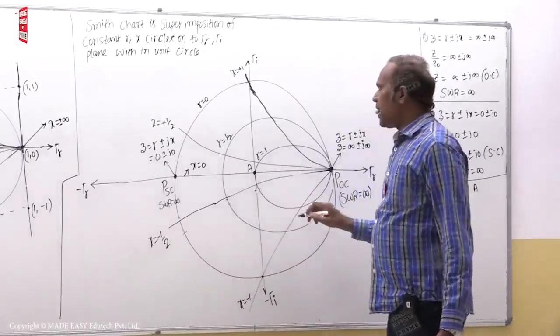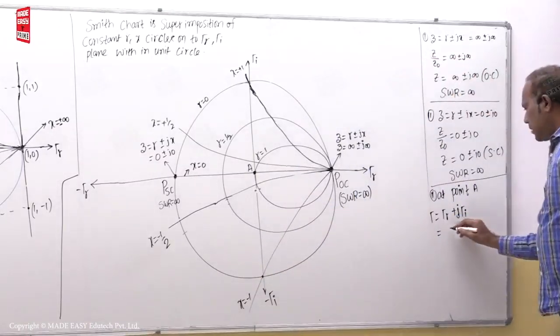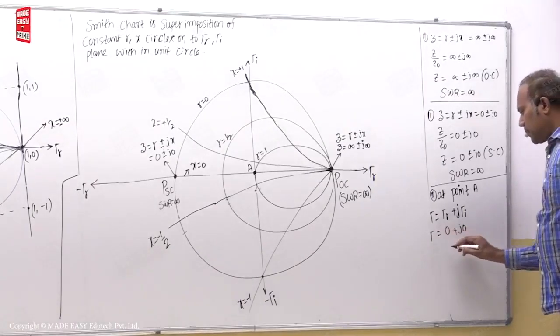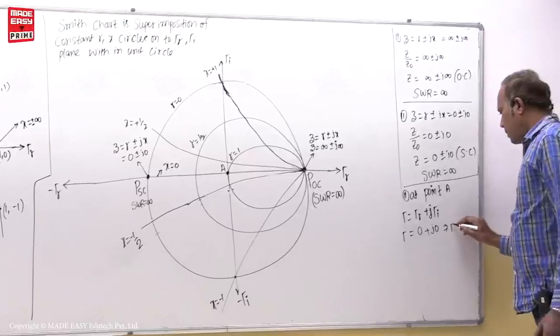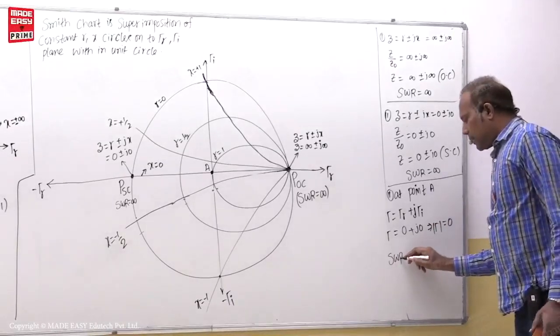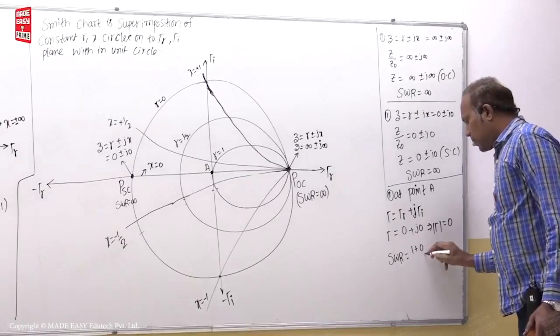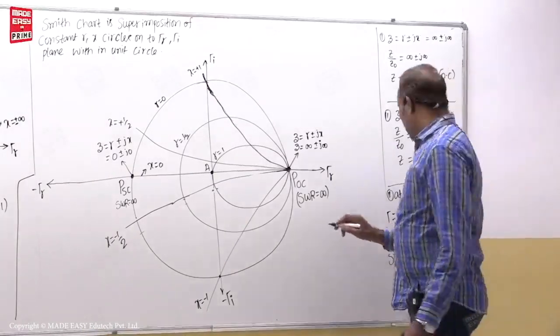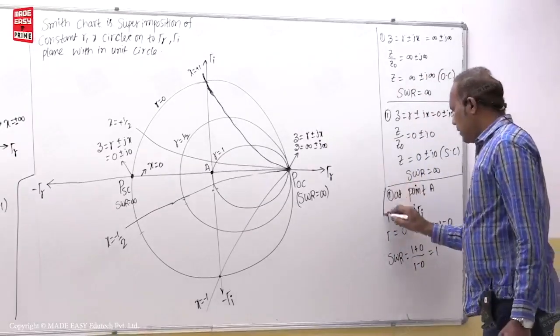So at the center, gamma r is 0 and gamma I is 0. That implies modulus of gamma is 0. Then SWR is equal to (1 plus mod gamma)/(1 minus mod gamma), which is 1. So at A location, SWR is actually 1, student.